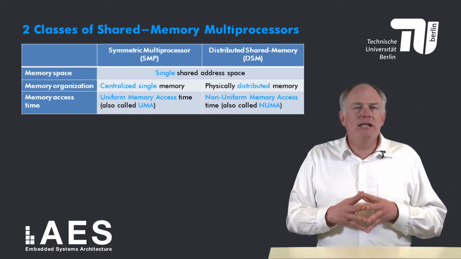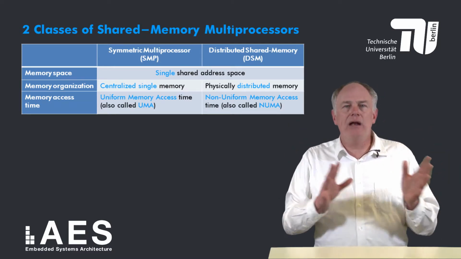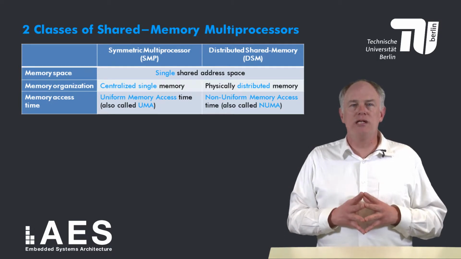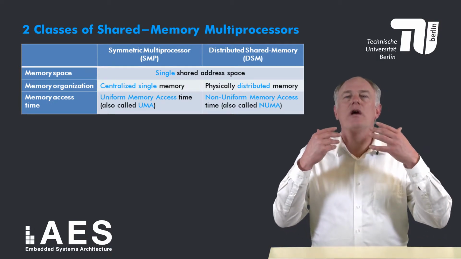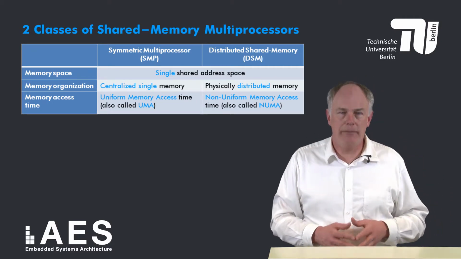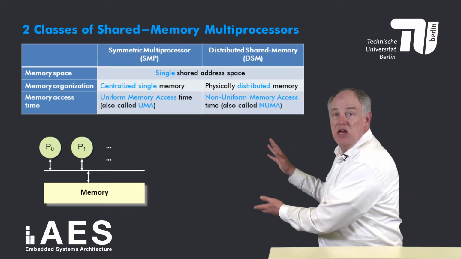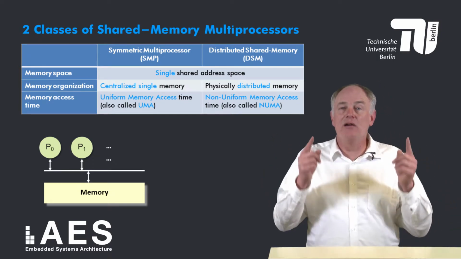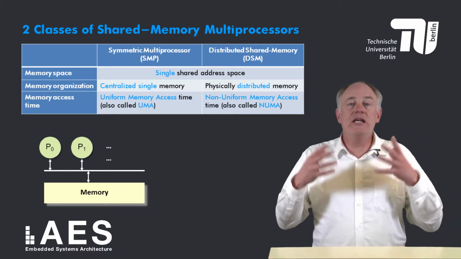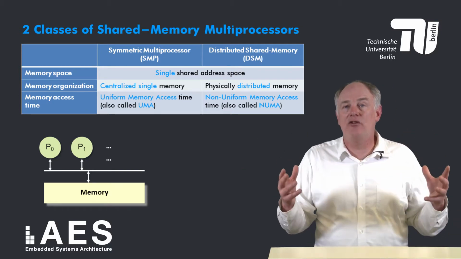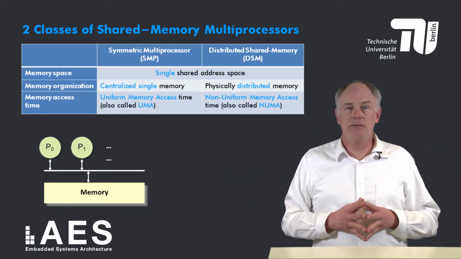In both cases, there is a single address space, so processors can communicate using regular loads and stores. They differ, however, in the physical organization of the shared memory. In an SMP, illustrated here, there is a single centralized memory. This also explains the term symmetric, since the memory is symmetric to all processors.